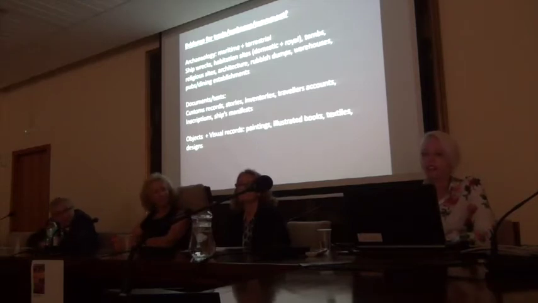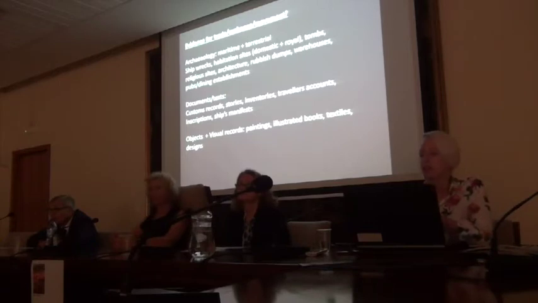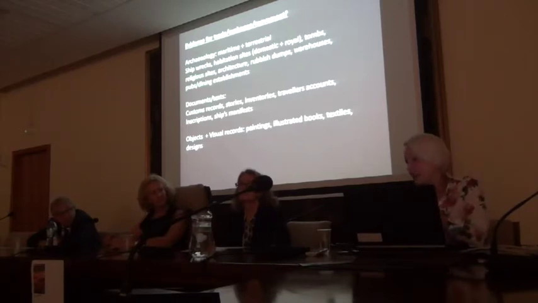Travelers' accounts, inscriptions, and if you're really lucky, ships' manifests, but those are quite rare. We also have visual records and objects as evidence, such as paintings, illustrated books, textiles, and designs. So if this is something you want to study, you need to think very broadly about what constitutes the evidence.